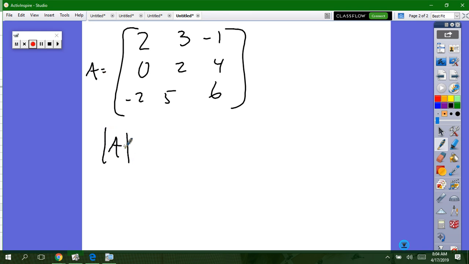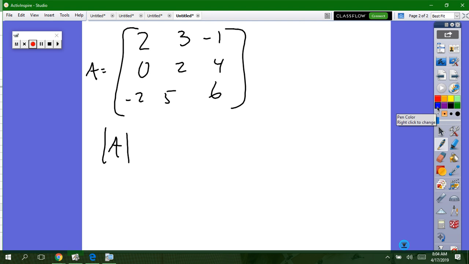Now in a 3 by 3, or even larger, what you have to do is take a row or a column, it doesn't matter. But I would like you to understand where some things come from. What row or column looks kind of nice?